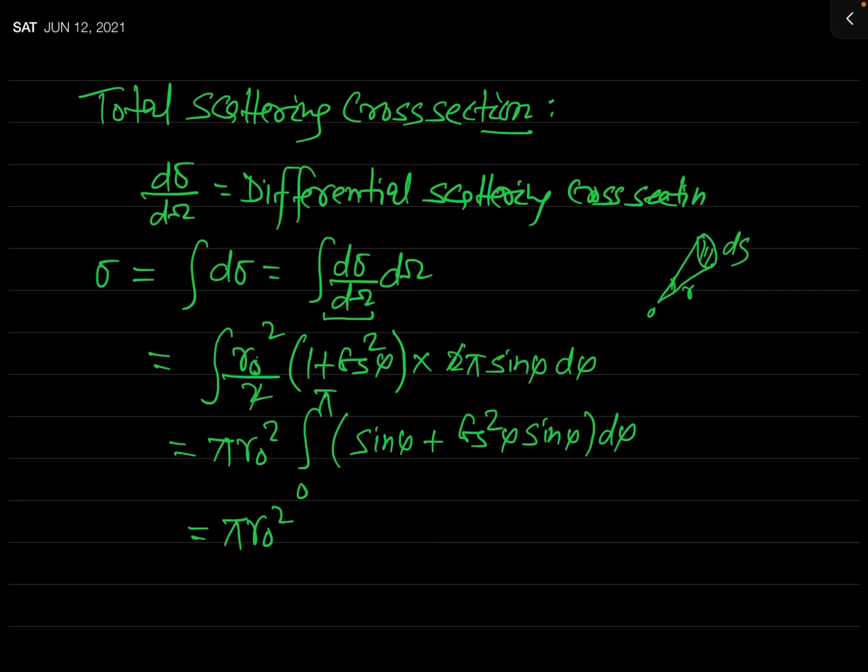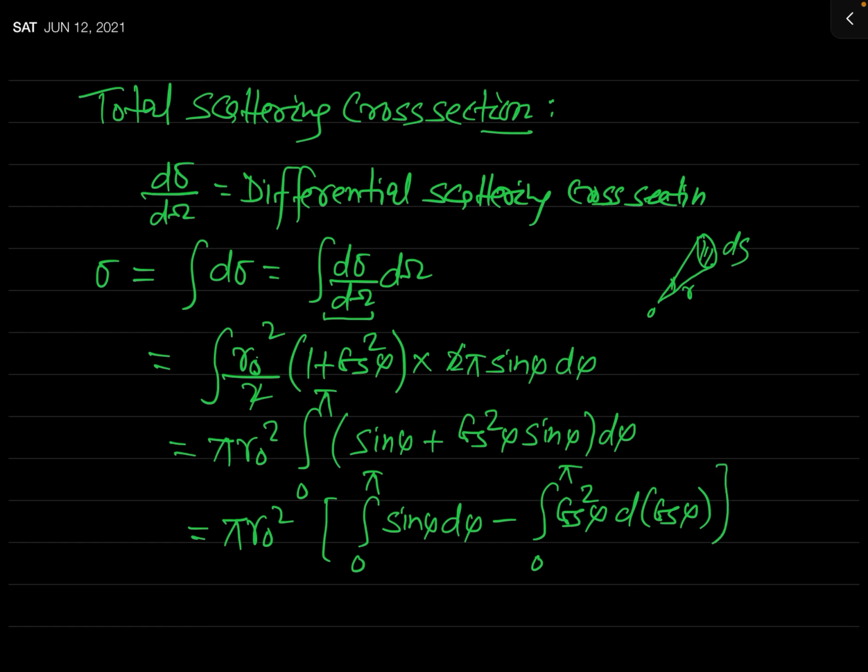This is π r₀² times the integral from 0 to π of sin φ dφ, and you can write minus the integral of cos² φ d cos φ. See here, this is 0 to π.